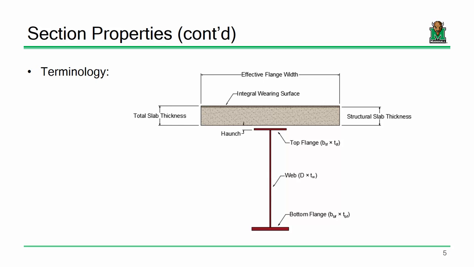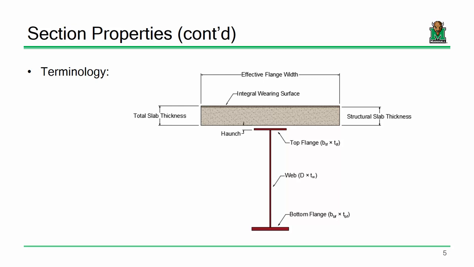So if I've got here top flange B times T, I'm saying it's B wide and it's T thick. So this is the width of the top flange, thickness of the top flange. Okay? Sound good? Now, I'm using this notation very carefully because later on when we actually start opening the AASHTO spec and we start actually looking at the equations that are in the specification, I'm doing my best to ensure that this notation matches what's in the spec so that, if I use a capital D to represent the depth of this web, it's capital D in the spec too.